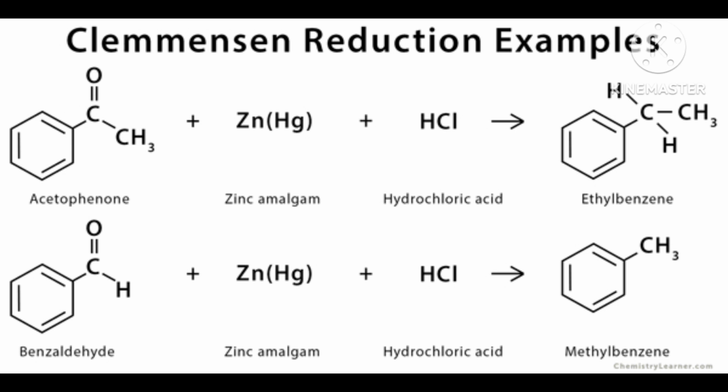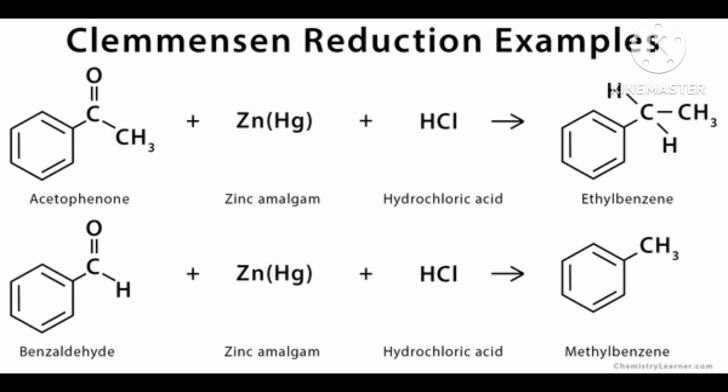In total 4H are used, 2H gone with one O as H2O, and the other 2H joined with carbon and formed CH2. This 4 hydrogen was supplied by ZnHg and HCl, correct? Reduction is the supply of hydrogen. This reaction is known as Clemmensen reduction.